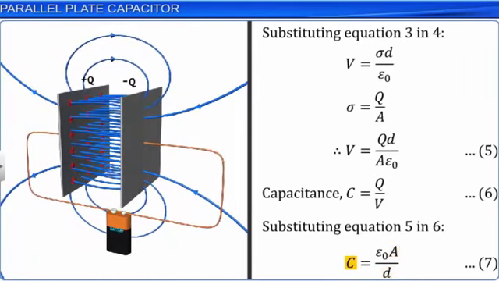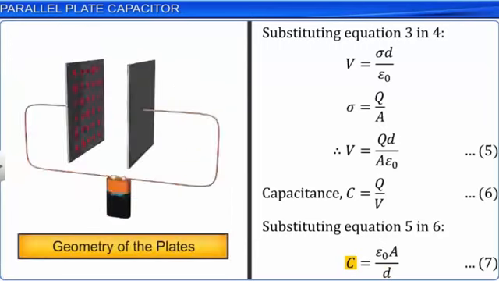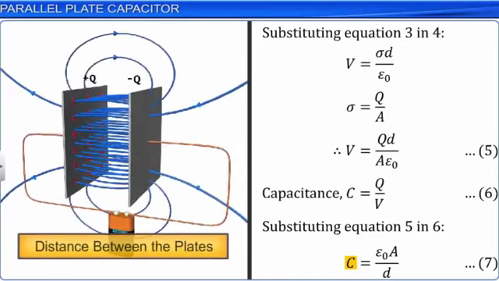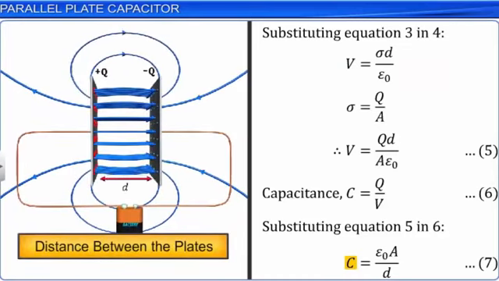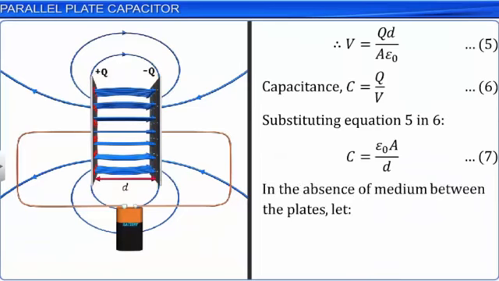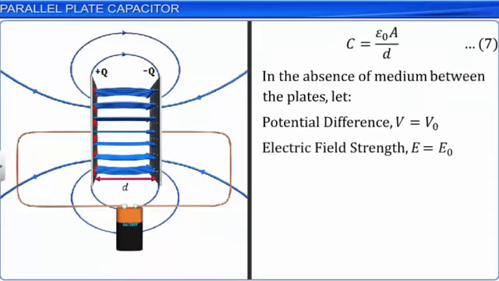We know that the capacitance of a capacitor not only depends on the geometry of the plates, the distance between the plates, but also depends on the dielectric medium between the plates. When there is no medium between the plates, let the potential difference between the plates be V naught, the electric field strength be E naught, and let its capacitance be C naught.